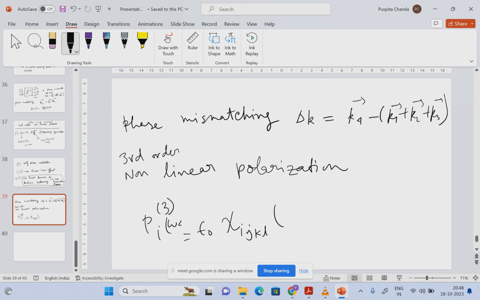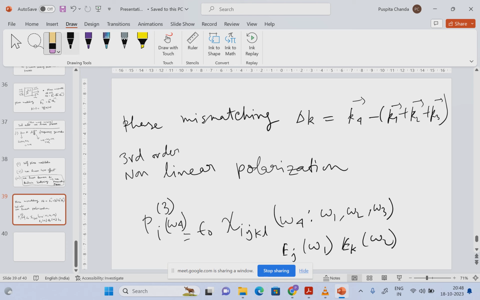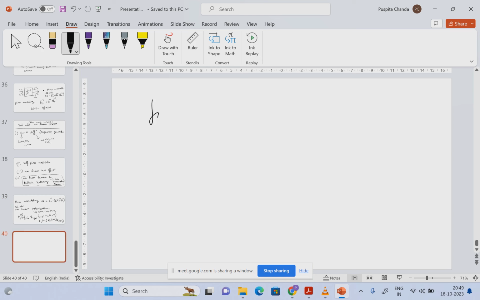Let's say it is generating omega 4. So it will be generating omega 4 from omega 1, omega 2, omega 3, Ej at omega 1, Ek at omega 2, El at omega 3. Where it is sum frequency generation, omega 4 is omega 1 plus omega 2 plus omega 3.